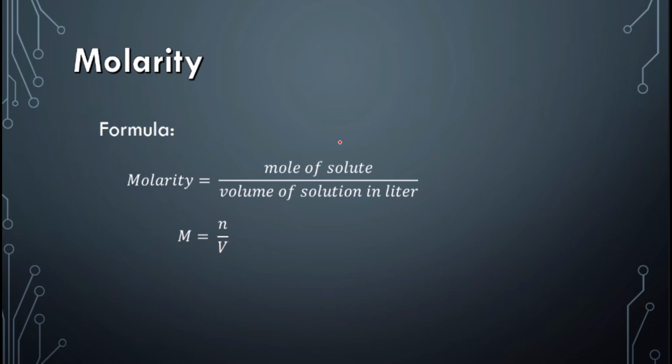Then n stands for the moles of solute, so it means the number of solute. Then capital V is the volume. When you say solute, that is the substance that is dissolved, while the solvent is the substance where the solute is being dissolved.